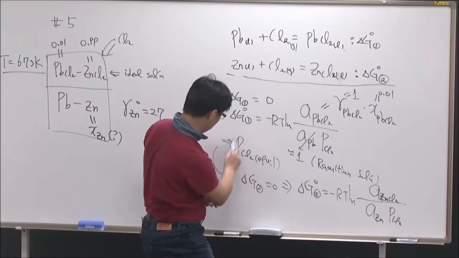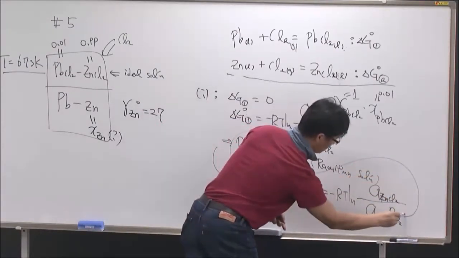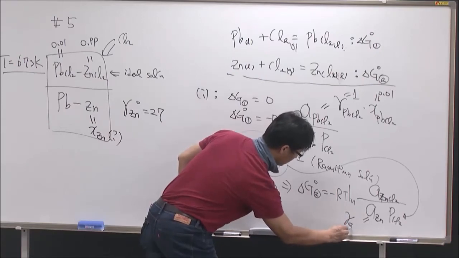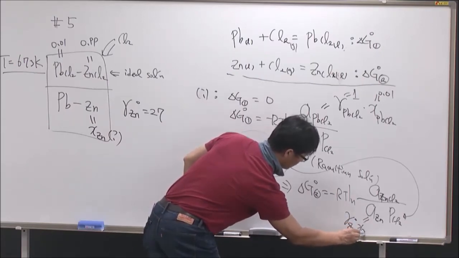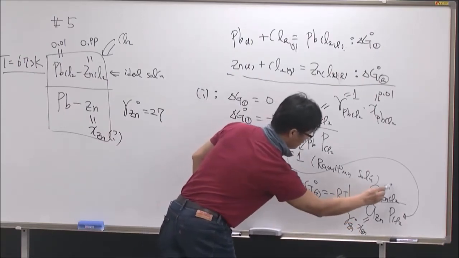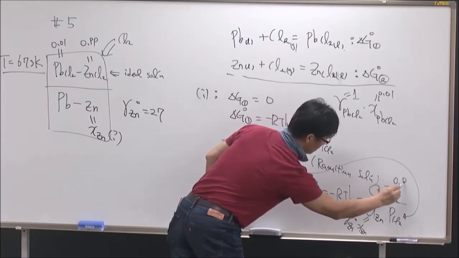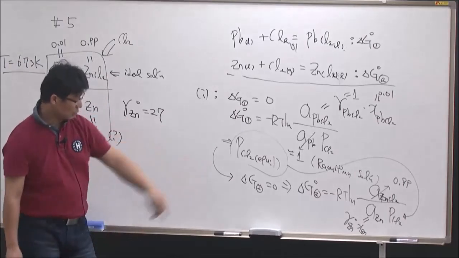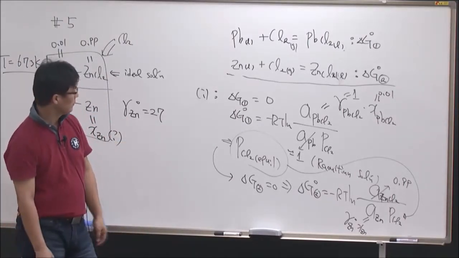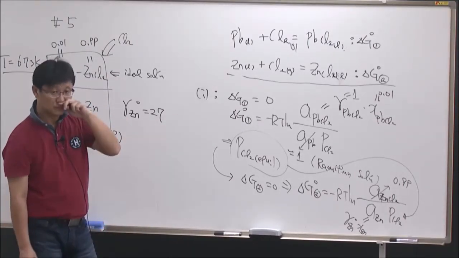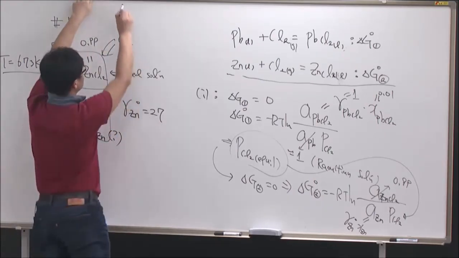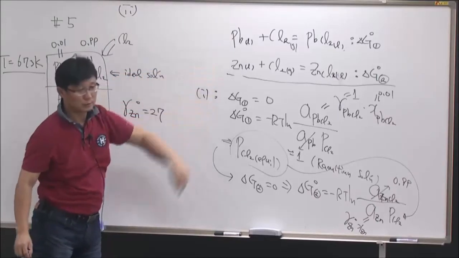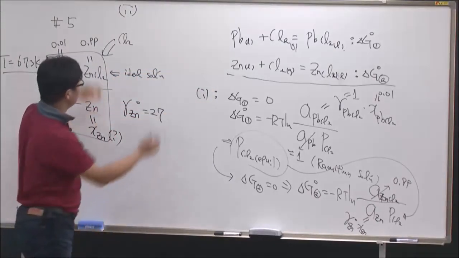And this PCl2 should enter here. And then this is activity coefficient of Zn times mole fraction of Zn, and then this is 0.99. Similarly, yeah. So you get the xZn. So this is the first way, and the second way is easier. You combine these two together, remove the chlorine gas, then.